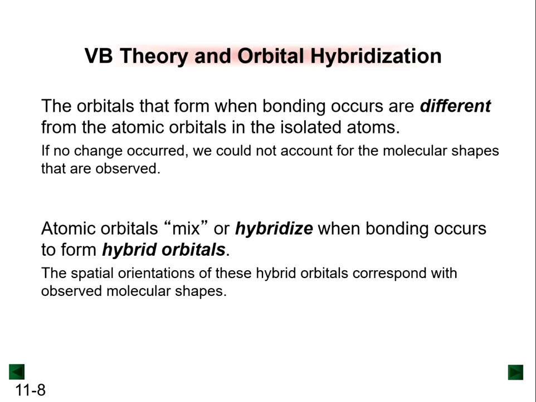So the orbitals on each individual atom will mix within themselves. An individual atom's s, p, and d orbitals will mix, hybridize, and convert into a different set of hybrid orbitals when the bonding is occurring. And that allows us to account for molecular shapes and symmetries and overlap. So this is connecting VSEPR to valence bond theory.